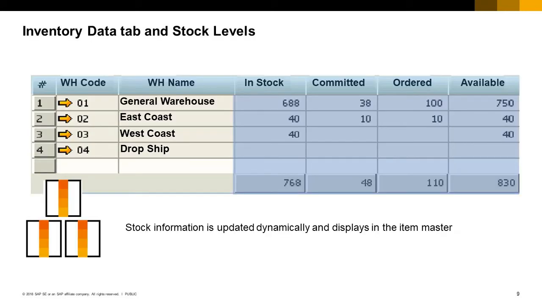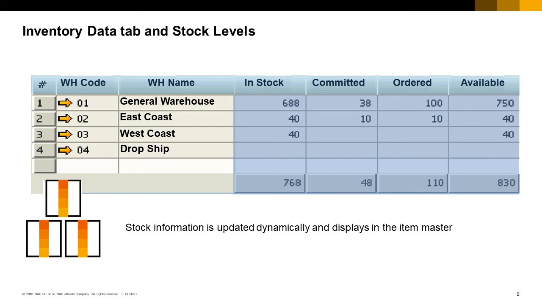The Inventory Data tab shows us up-to-date information on stock levels and demand for the item for each warehouse. This information is updated dynamically, so it shows a true picture at any time. A matrix displays the quantity currently in stock, the committed quantity, which is the quantity ordered by customers, the ordered quantity, which represents either quantity ordered for purchase by your company but not yet delivered, or the quantity on production orders for an item produced in-house.